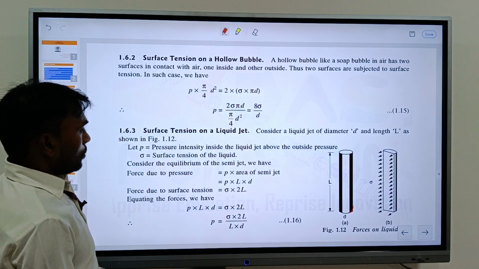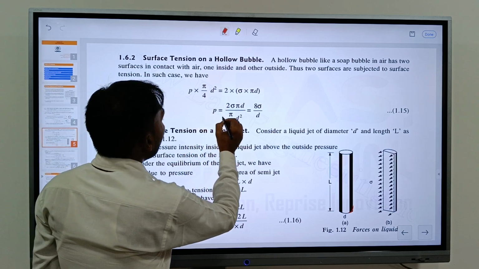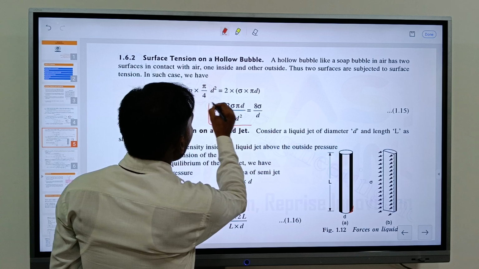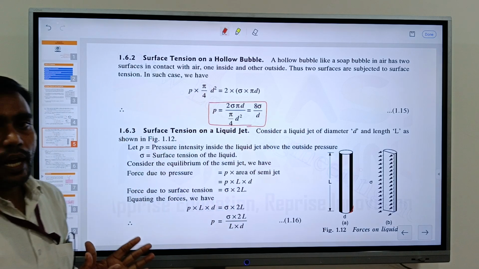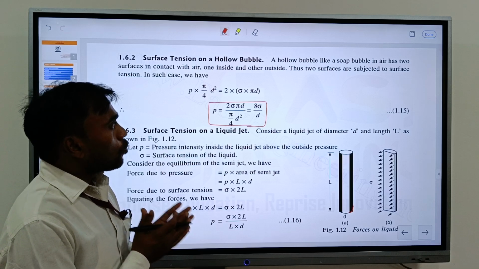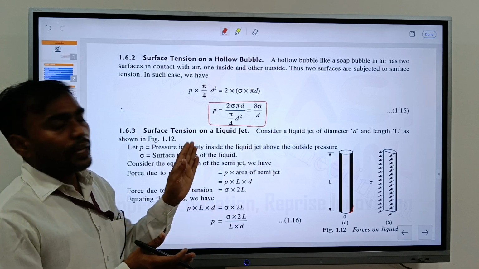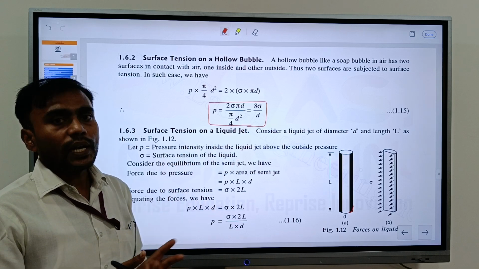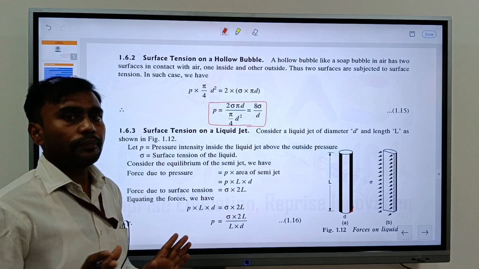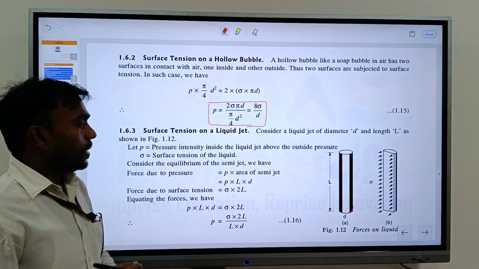Further, if you simplify it, then it will give P is equal to 8 sigma divided by D. Means in the case of a soap bubble, the pressure intensity is given by 8 sigma by D, that is 2 times that of a liquid droplet. Is it clear?